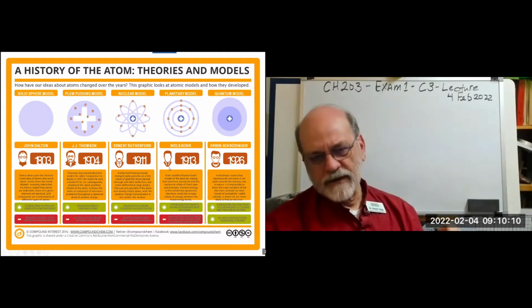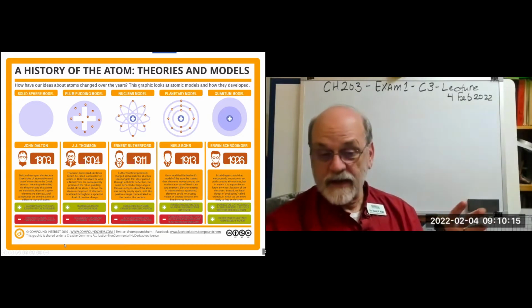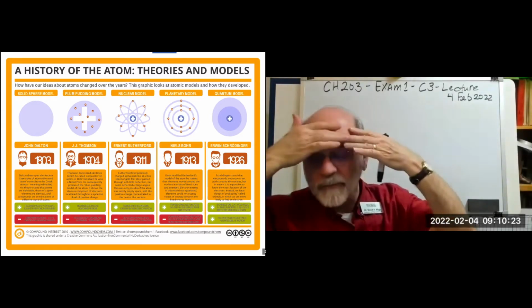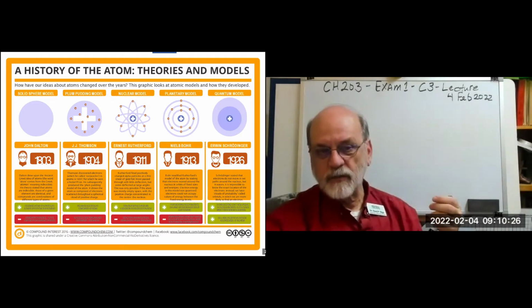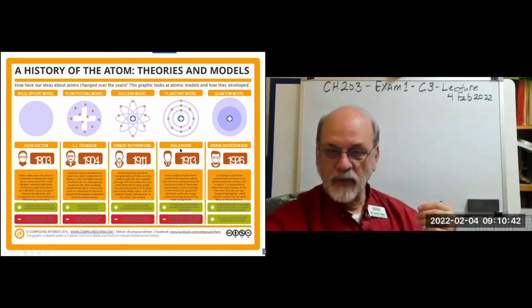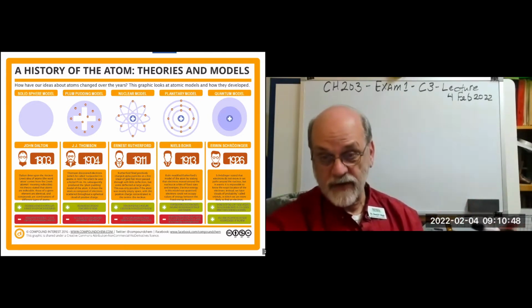Okay, I found this flyer. I get a lot of these from this particular website, Compound Interest. They have a lot of information in a compact form, and this shows the progression of the structure of the atom from the early 19th century with John Dalton up through J.J. Thomson, discovery of the electron, and then Ernest Rutherford and his nuclear model, and Niels Bohr who created a planetary model, plus other things.